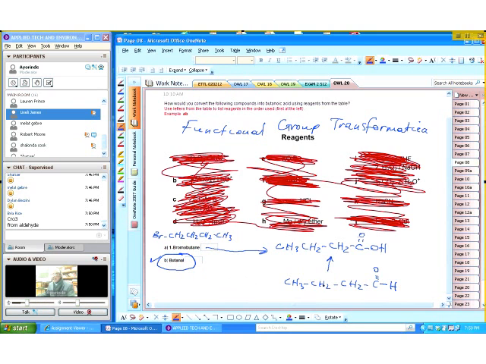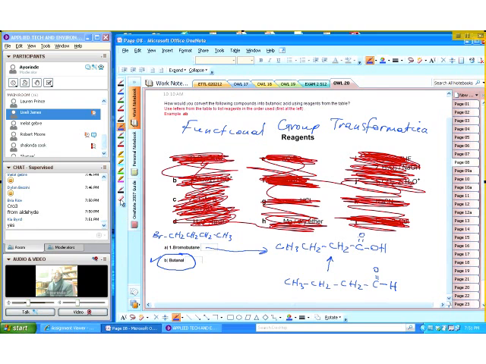That was Brea. Brea has solved this problem for us, butanol to butanoic acid. Can we oxidize a primary alcohol to a carboxylic acid? Yes or no?